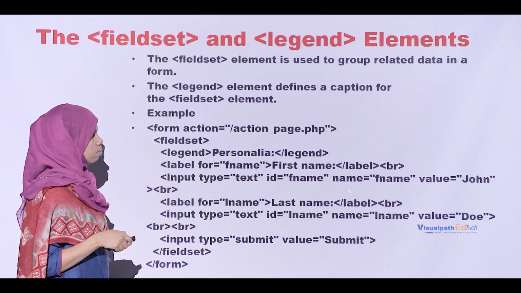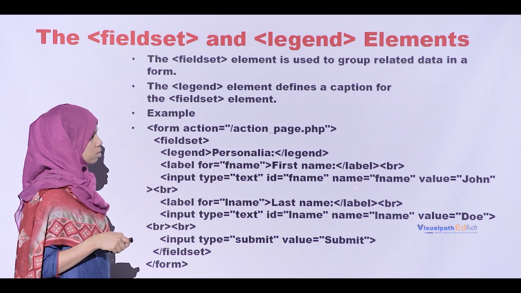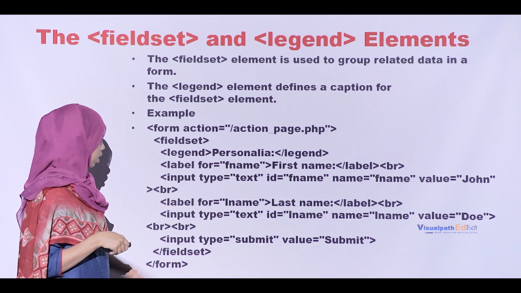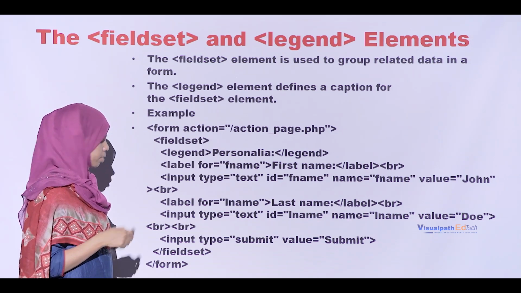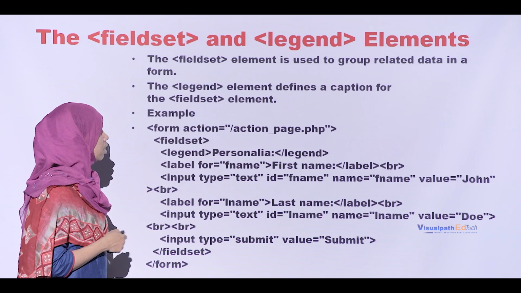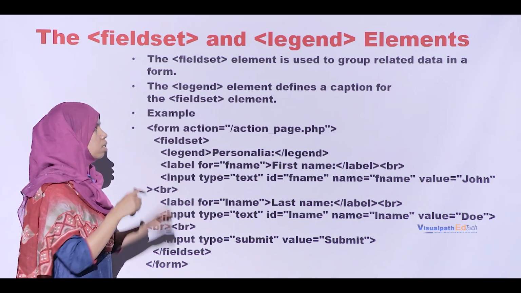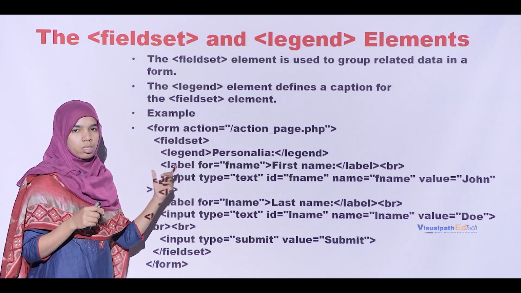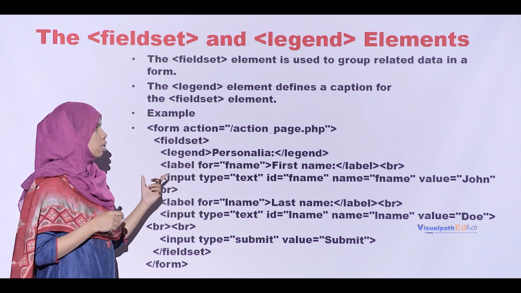The user enters the first name and last name, and then clicking the button submits it to the browser. So this legend helps us define the caption for this text field. Okay.